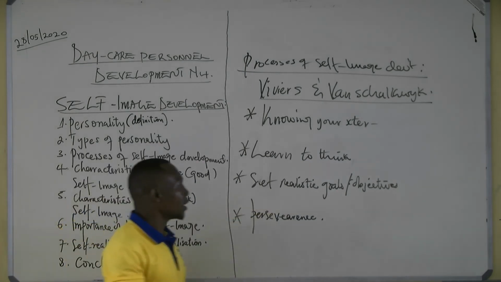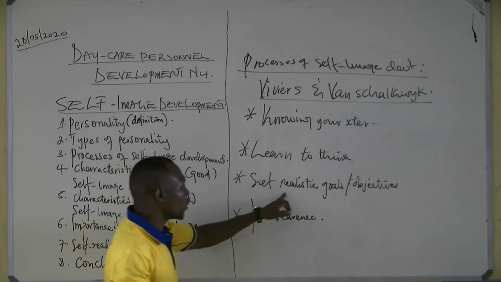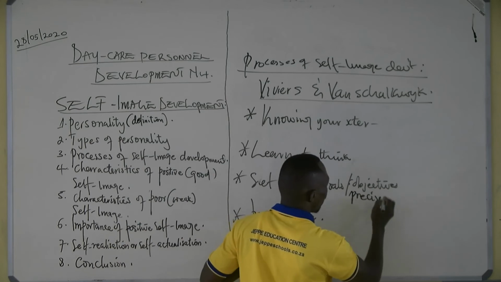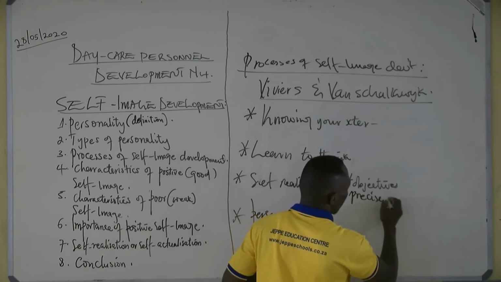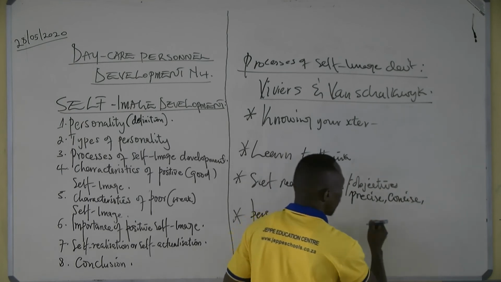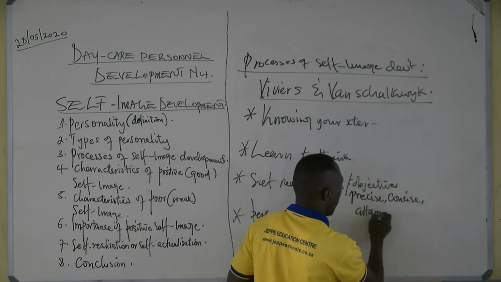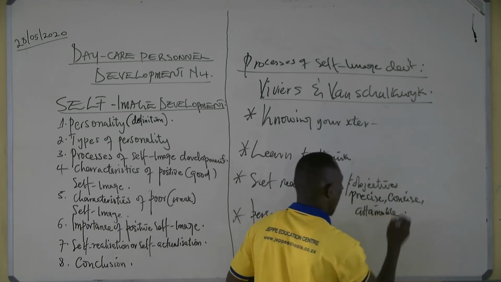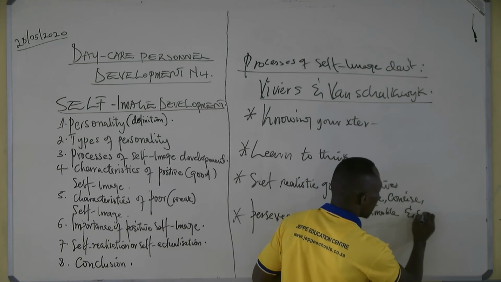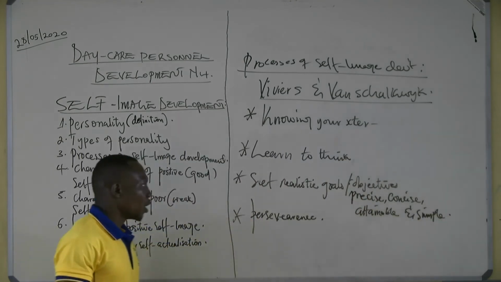However, when it comes to setting realistic goals or objectives, this involves setting goals for yourself as an individual. Which goals are precise? They should be concise. The goals should be attainable or achievable.